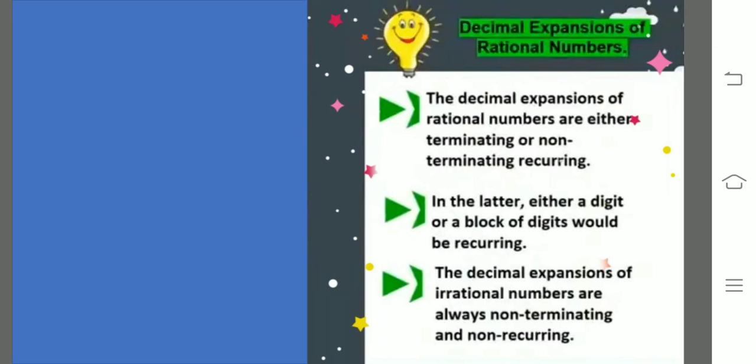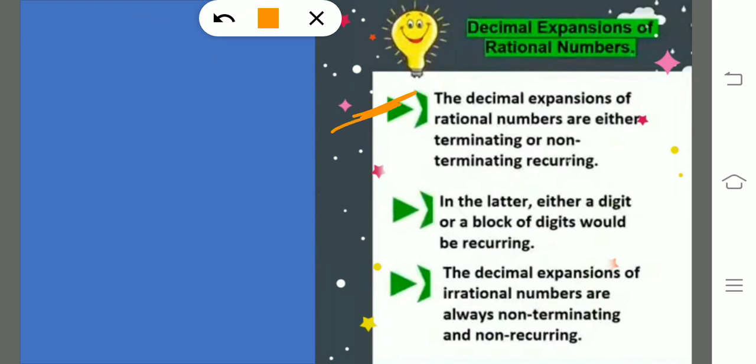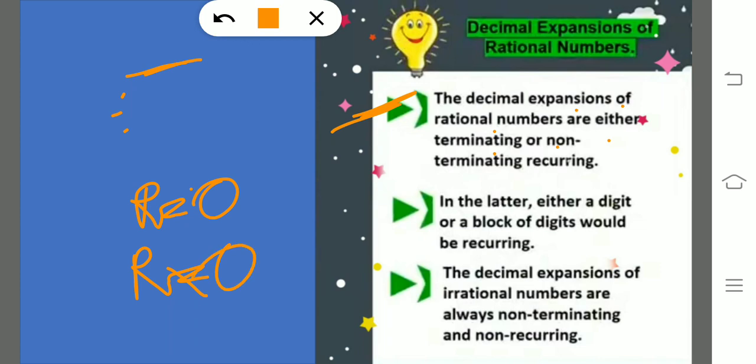Decimal expansion of rational numbers, we will talk about in brief. The decimal expansions of rational numbers are either terminating or non-terminating recurring. We have shown so many examples of it. In the first, the remainder is equal to 0, and in the other the remainder is not equal to 0. The second point says that in the latter, either a digit or a block of digits would be recurring.